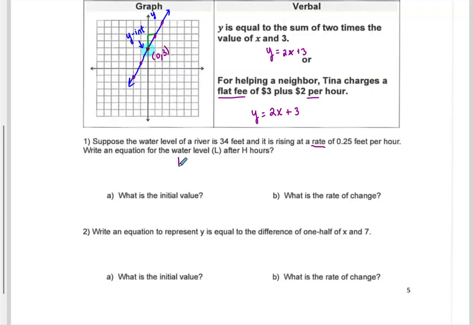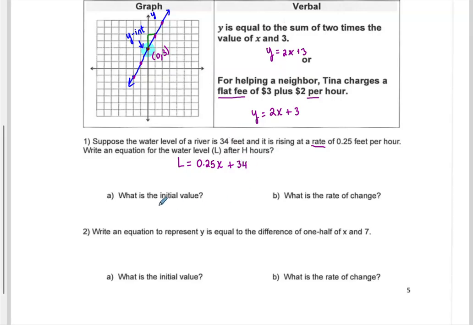Okay, so the water level L is equal to, remember that we have the slope. Slope is the same as your rate, so the rate looks like it's at 0.25, and you have your x attached to it, plus your y-intercept, which is your starting point of 34.